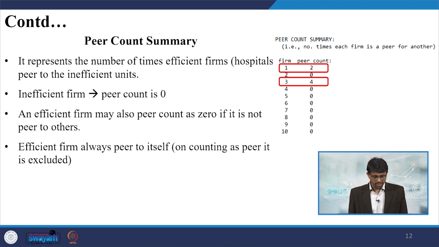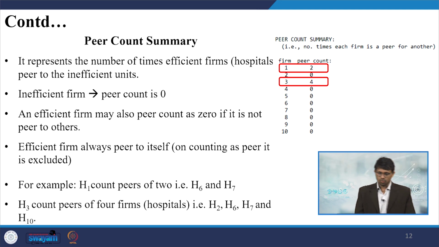An efficient firm is always a peer to itself, so on counting as peer, it is excluded. So, for example, H1 counts peers of 2, that is H6 and H7, you can just cross check from the result, as it is already given from the first result, the peer result. And H3 counts peers of 4 firms, that is H2, H6, H7, H10.